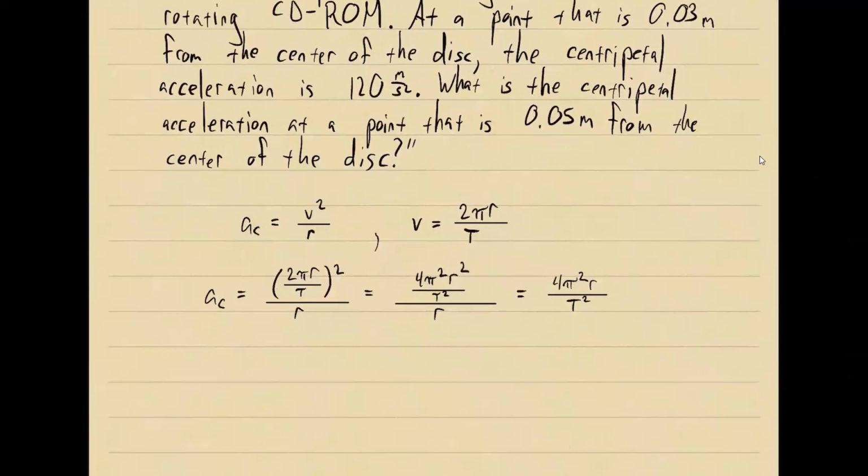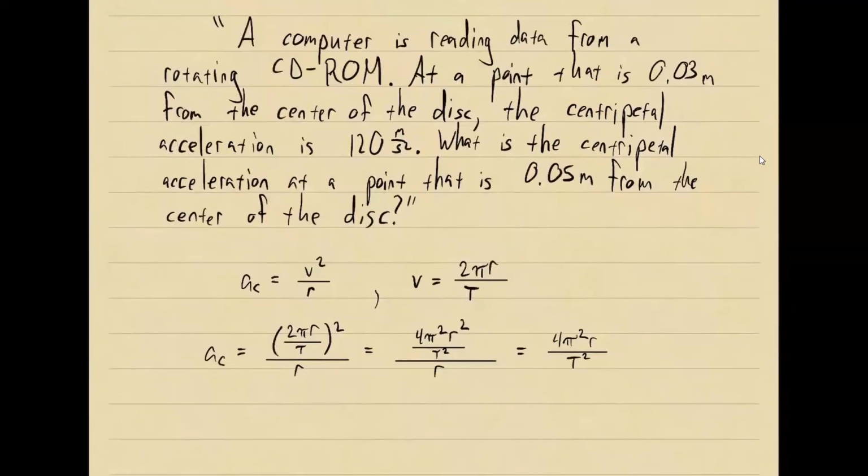So now let's look at the different centripetal accelerations for when we're 3 centimeters away from the center of this disk versus when we're 5 centimeters away.